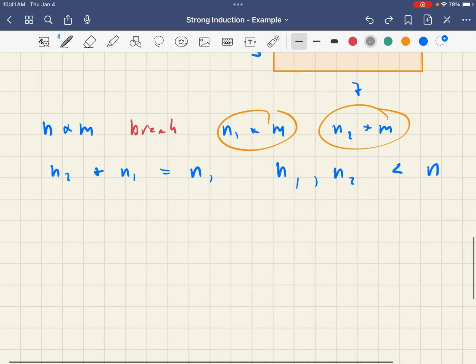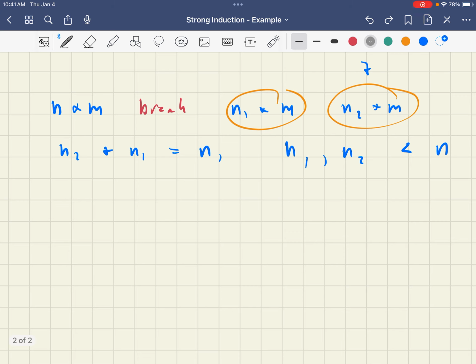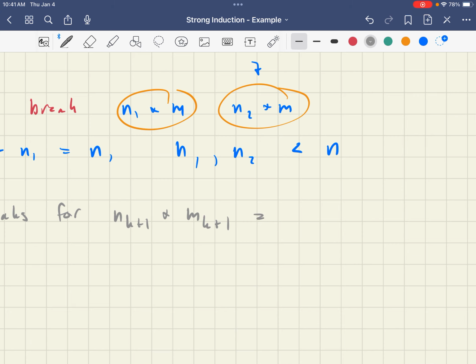So what we can do now is we'll say the number of breaks for nk plus 1 times m equals, I'll just put number sign, number of breaks for n1 times m plus n2 times m.